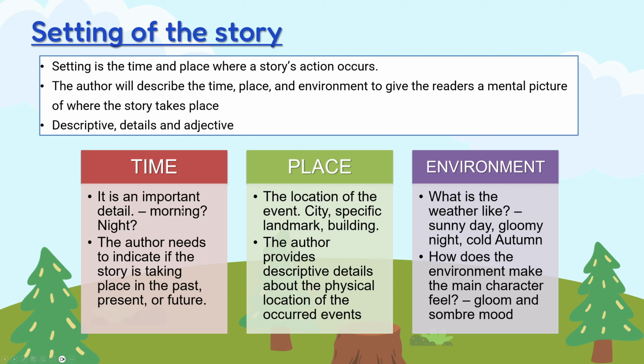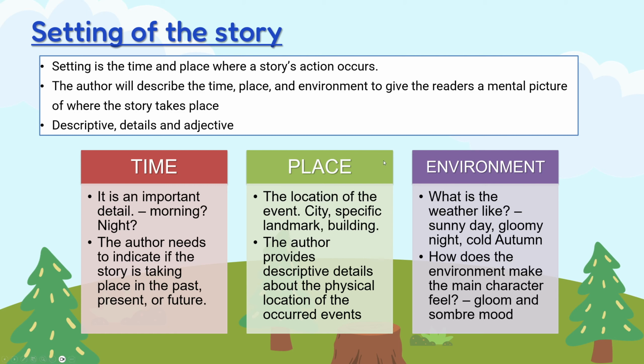Is it morning? Is it at night? The author needs to indicate if the story is taking place in the past, present, or future. Maybe it just happened this morning, or last week, or maybe it will happen in the future. Or maybe they have a futuristic theme to the story.